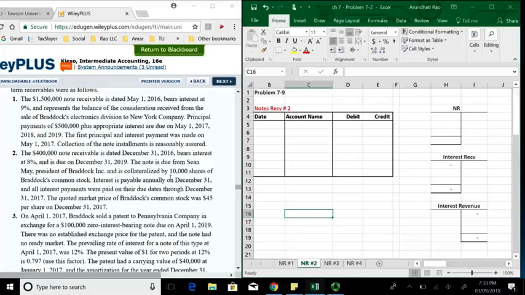The note is due from Sean May, president of Braddock Company, and is collateralized by 10,000 shares of Braddock's common stock. Interest is payable annually at December 31st, and all interest payments were paid on their due date through December 31st, 2017. The quoted market price of Braddock's common stock is $45 per share on December 31st, 2017.